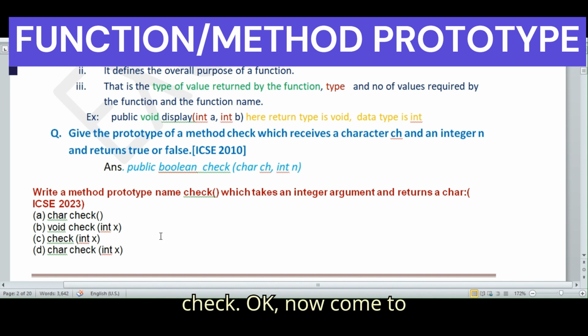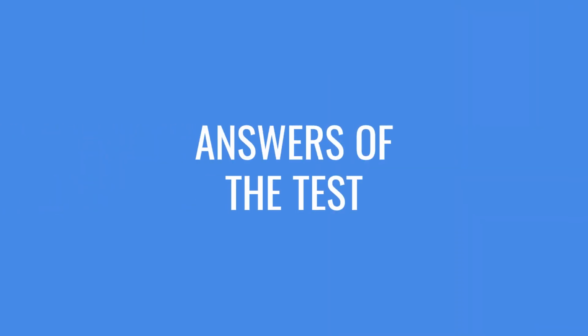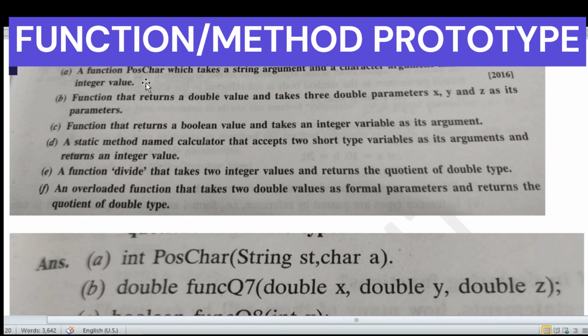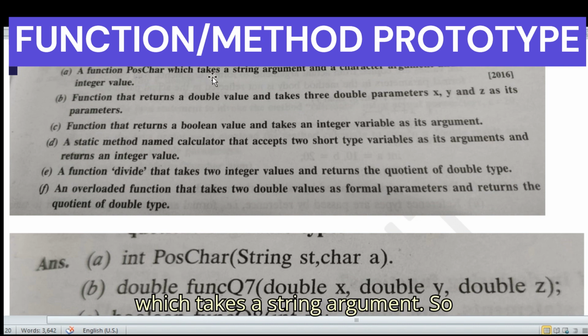Okay, now come to your solution part. First question is a function POSCHAR. You have to give this function name, P capital, C capital. Then which takes a string argument.